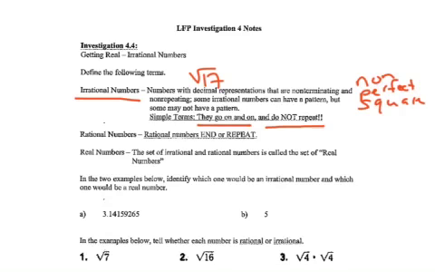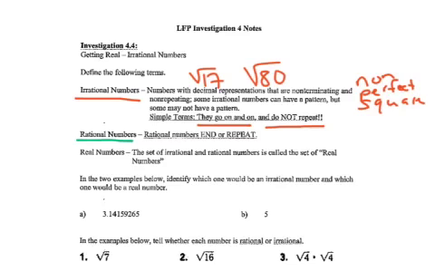If you find the decimal representation of that, it would go on and on forever and the value never repeats. Another example, like I said, any non-perfect square. The square root of 80 is irrational because if you would find the decimal representation of that, it would once again go on and on and on, and it would never repeat.